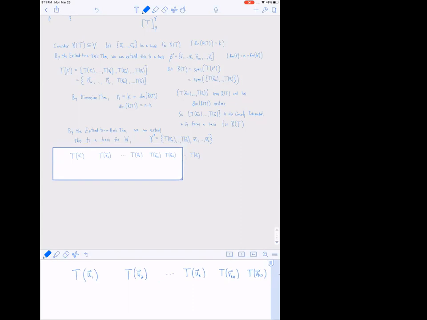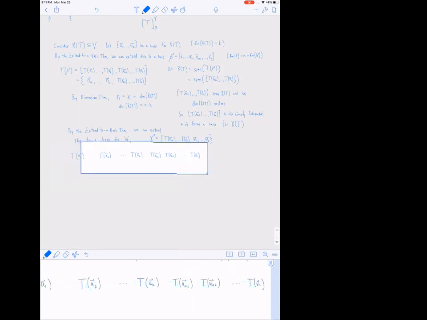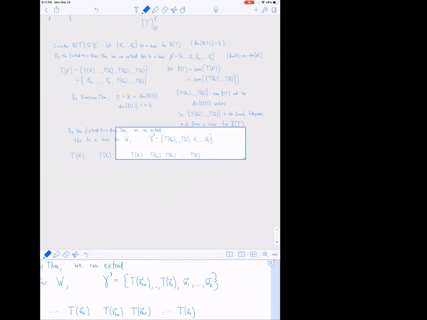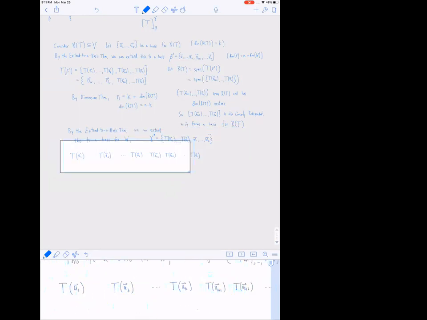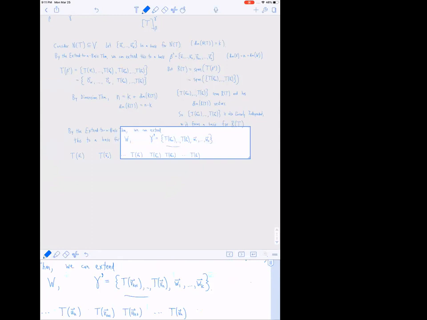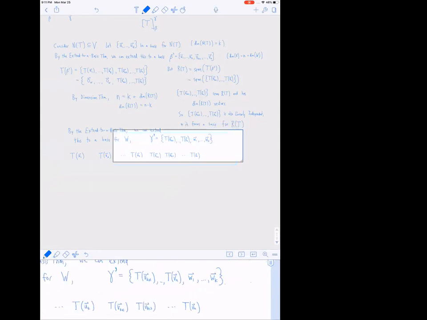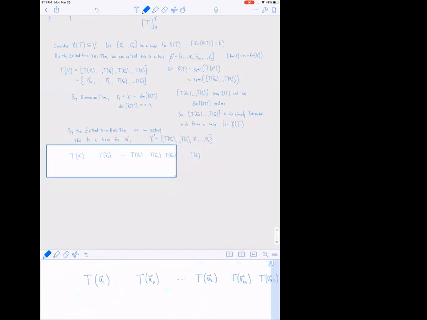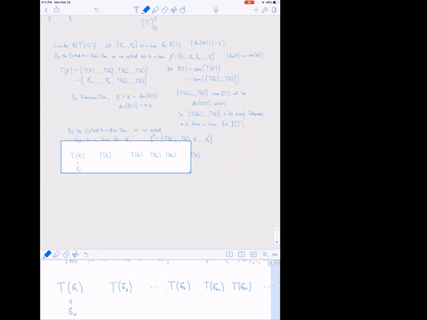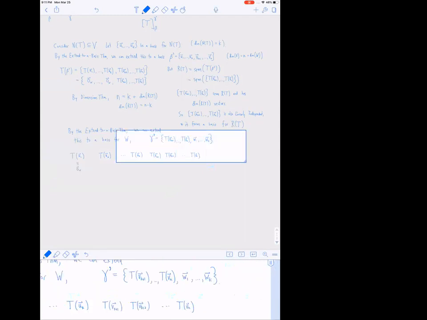What we need to do is to write these vectors in terms of the basis for W, this gamma prime. So in other words, I want to write T of u1 as a linear combination of these vectors right here. Well, T of u1 is just the 0 vector in W, so I could write that as a linear combination with a bunch of zeros.